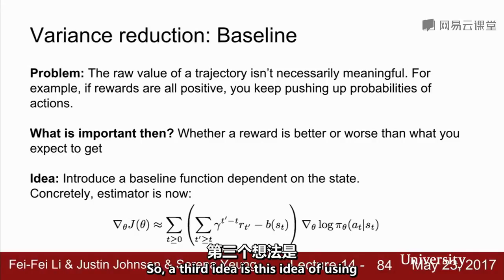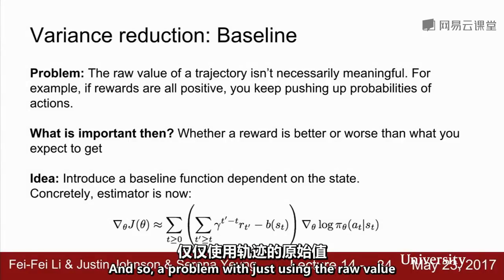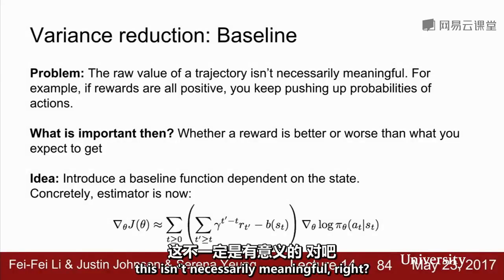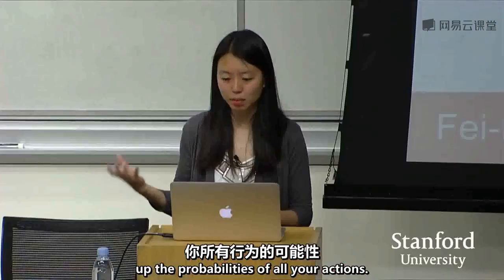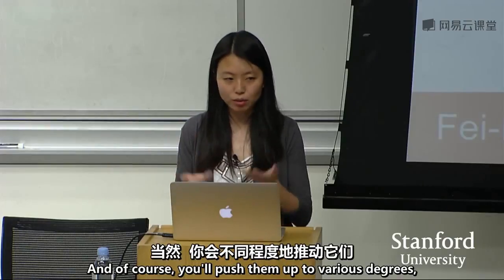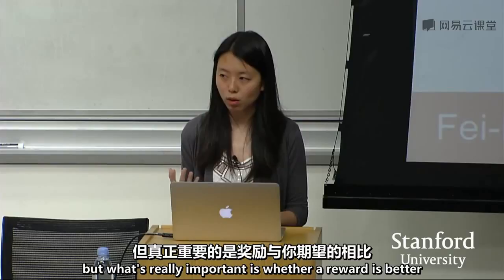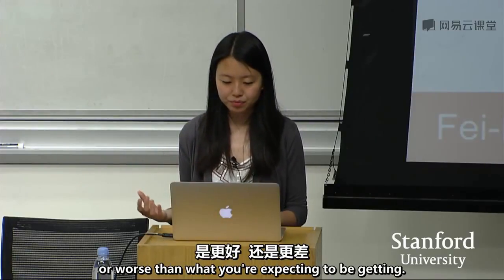A third idea is using a baseline in order to reduce your variance. A problem with just using the raw value of your trajectories is that this isn't necessarily meaningful. For example, if your rewards are all positive, then you're just going to keep pushing up the probabilities of all your actions, of course to various degrees. But what's really important is whether a reward is better or worse than what you're expecting to be getting.